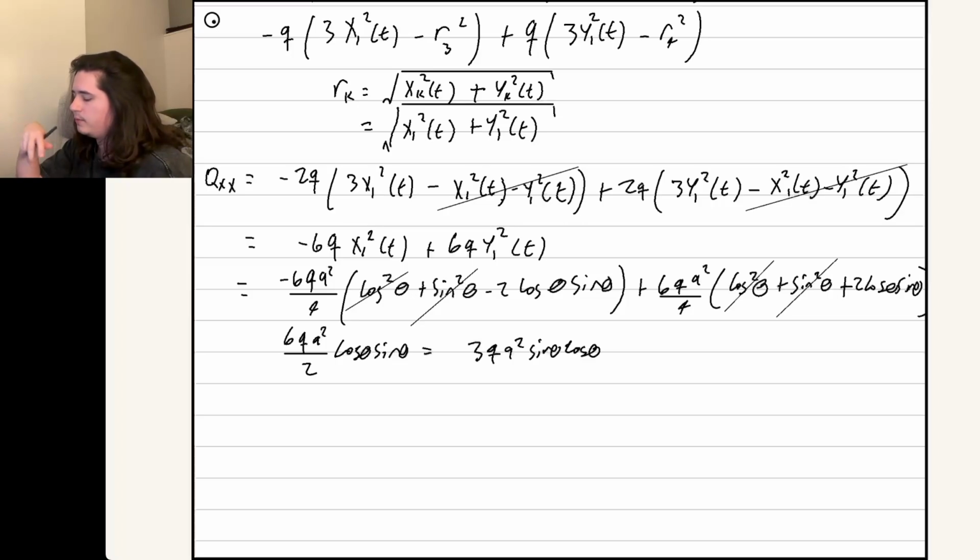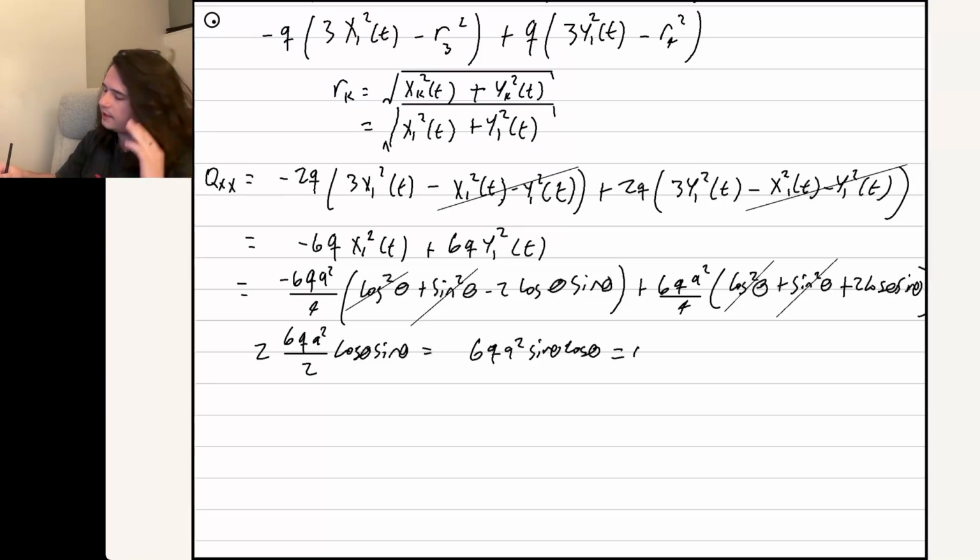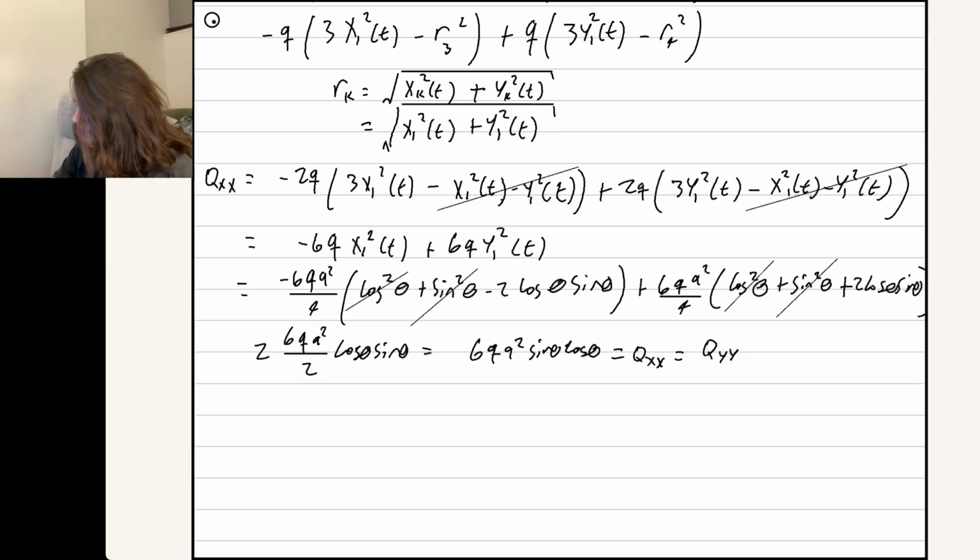Oh, okay, then you multiply by 2. So there's 2 of these, so you get 6qa squared sine theta cosine theta. I'm not going to calculate what qyy is, because I know from symmetry that it's going to be the same as qxx, but I will calculate the off-diagonal terms now.